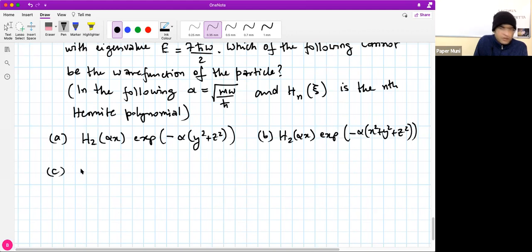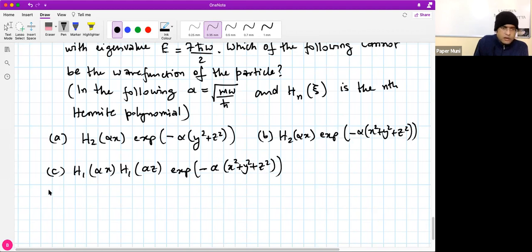And the third option is H1 of alpha x, H2 of alpha y, H1 of alpha z, and then we have an exponential of minus alpha times x square plus y square plus z square.